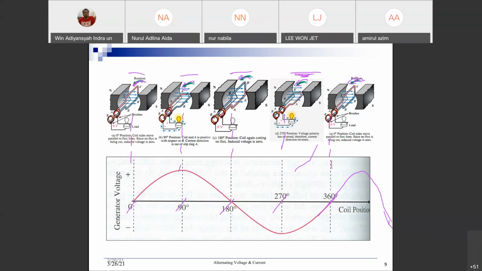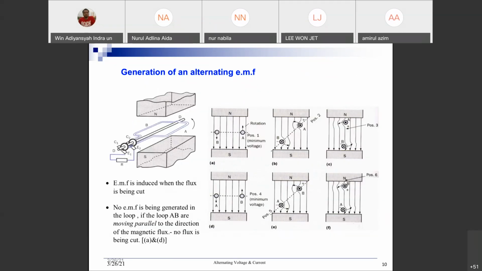Okay, this is also the detail. EMF is electromotive force. This is what they are looking at: the position where it will give maximum and minimum voltage.